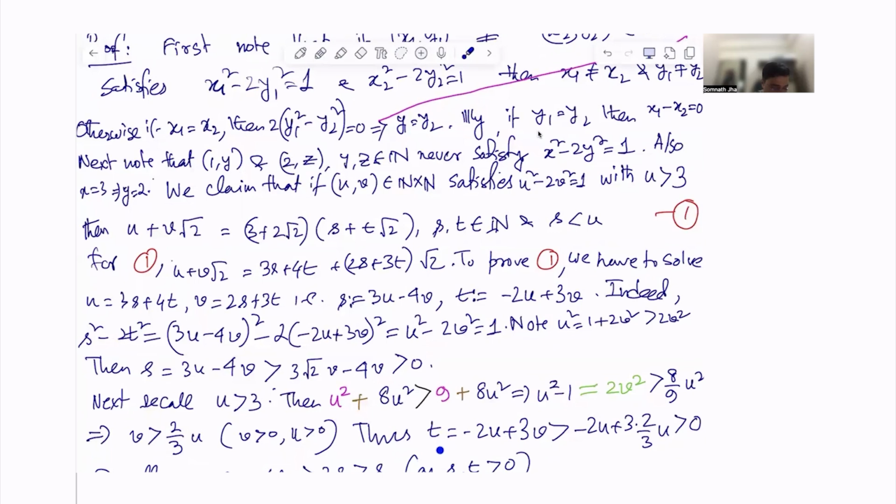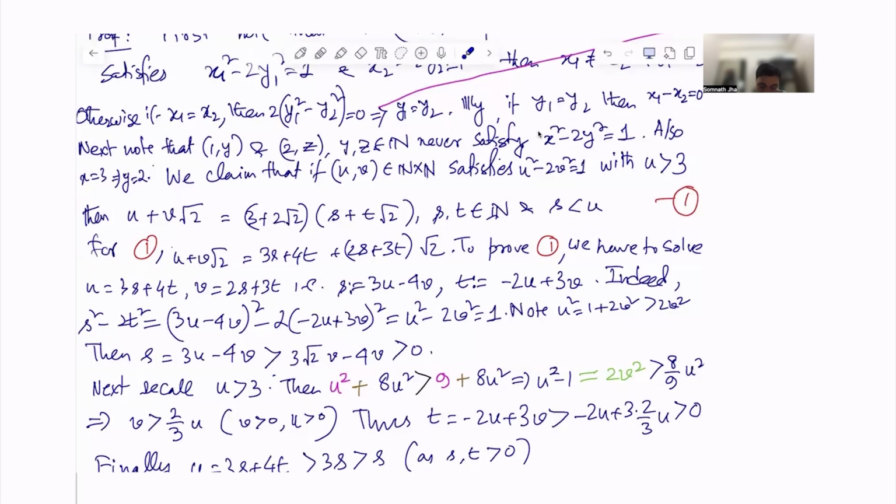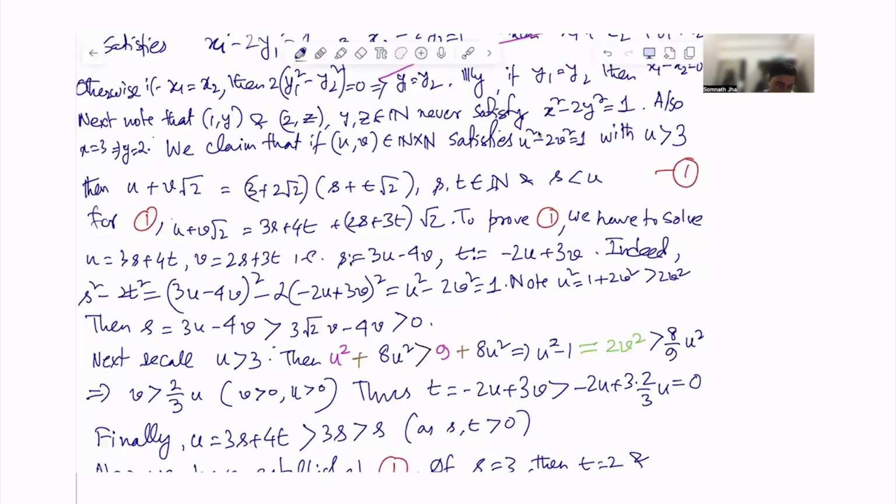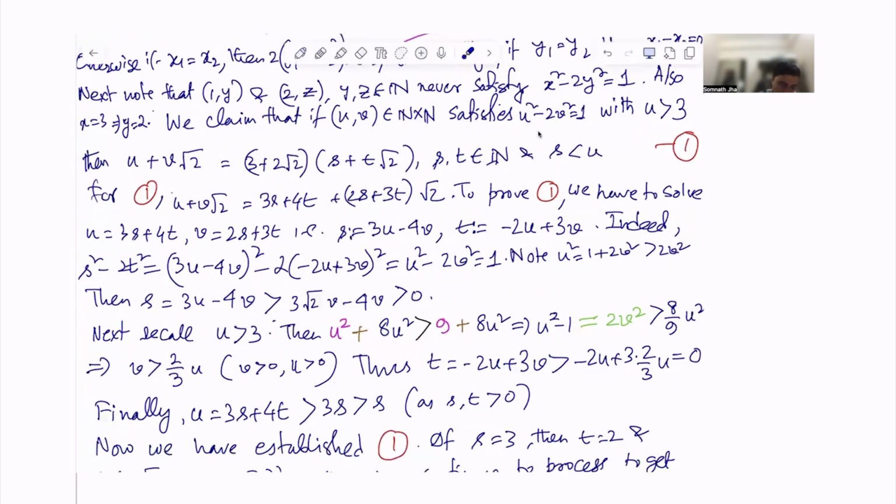So that's t. So s is positive and t is minus 2u plus 3v. So minus 2u plus 3 into v, which is greater than 2 by 3 u. So this is positive, right? This is minus 2u plus 2u, so this is 0, but this is a strict inequality. So t is strictly greater than 0. And u, which is 3s plus 4t, with t greater than 0, so 3s plus 4t is greater than 3s, which is greater than s, as s and t are positive.